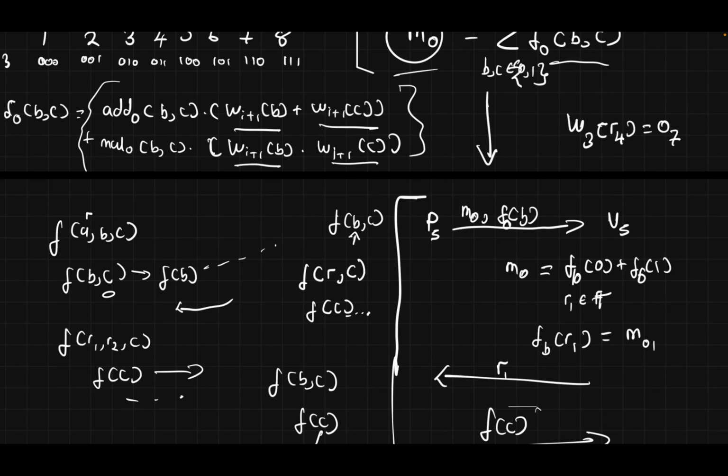It just evaluates its W3 polynomial at R4 and checks whether the answer is equal to O7. So that oracle check is not the main thing. It just confirms the correctness for that round.